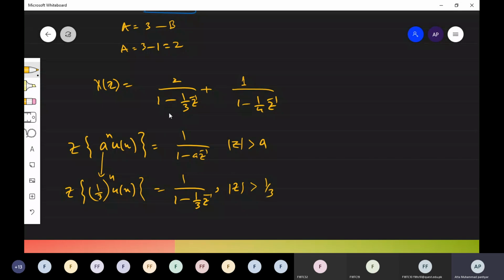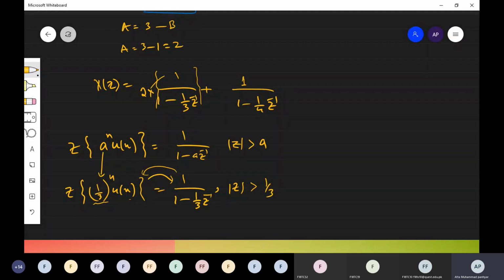So if I take this coefficient here and rewrite this as 1 upon 3, the z transform of this signal is this one, so the inverse must be this signal. So we got the inverse of the first signal.